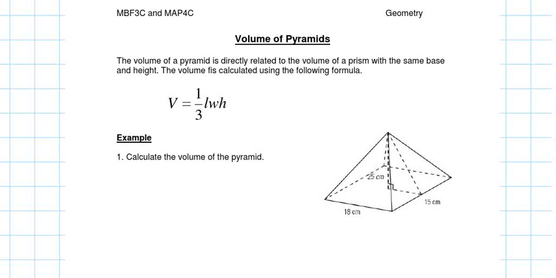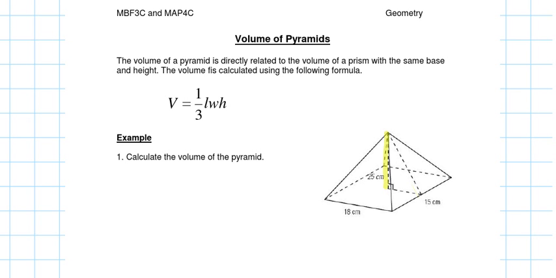This height right here, this one, the slant height, is not the one I'll be using in my formula for volume. Okay? I'll be using this height that goes down this way. Okay?